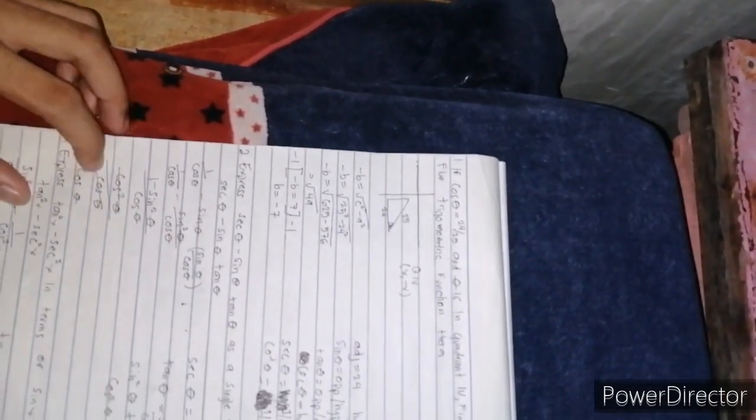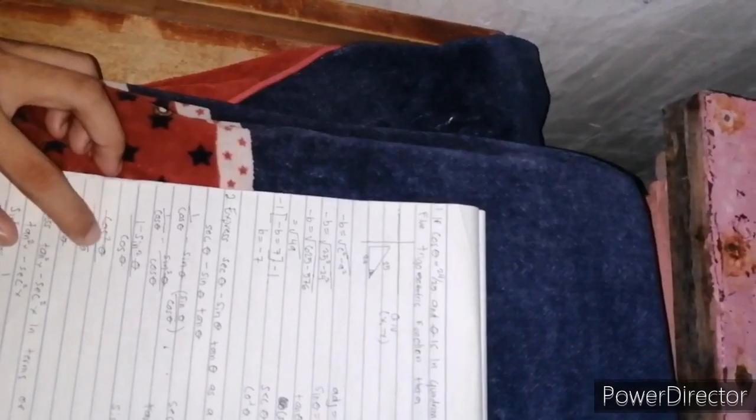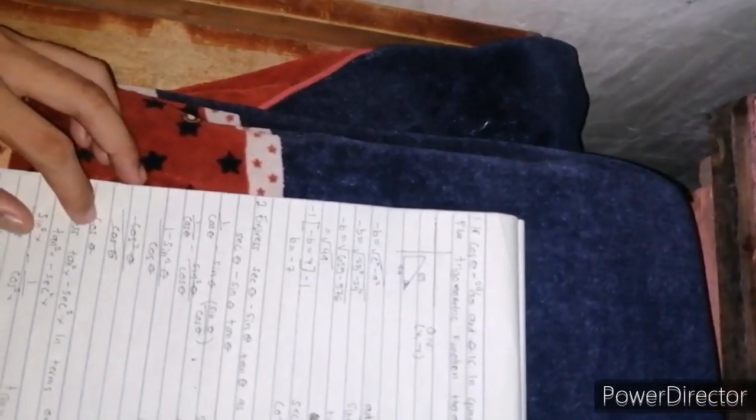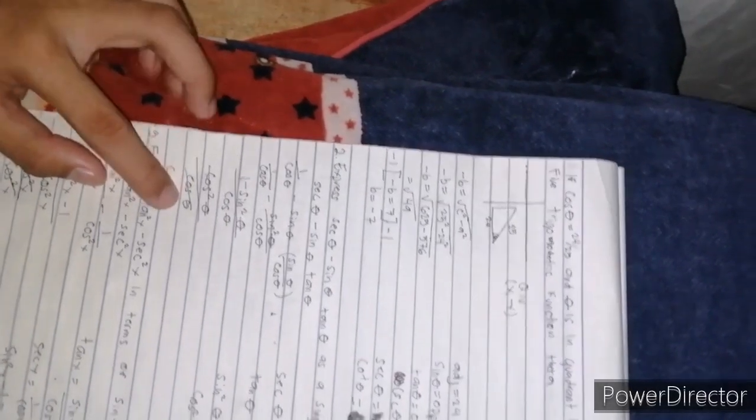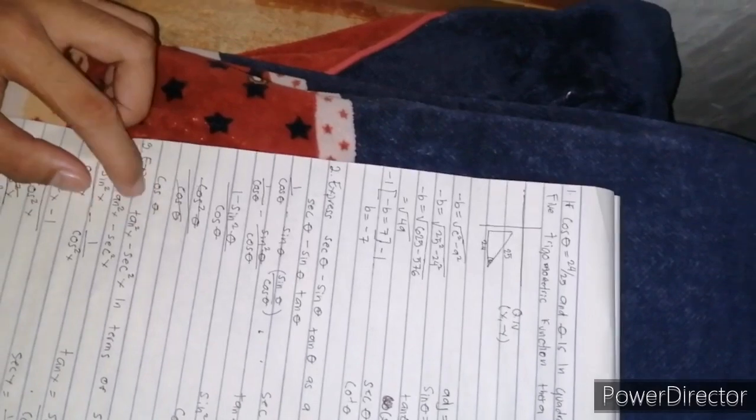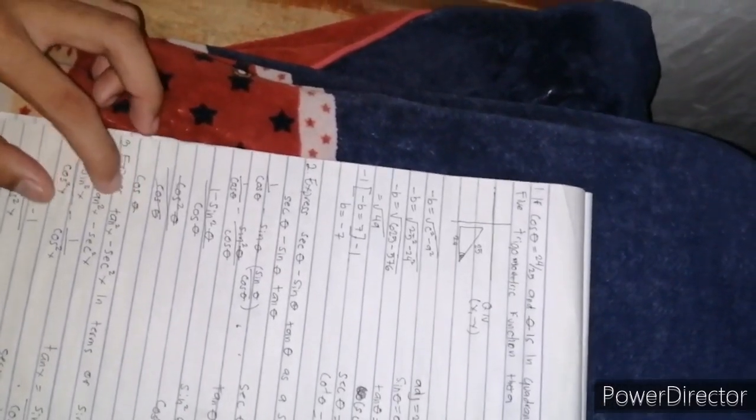Then 1 minus sin squared theta over cosine theta, which is cosine squared theta over cosine theta. So cancel the cosine theta. So the remaining is cosine theta.